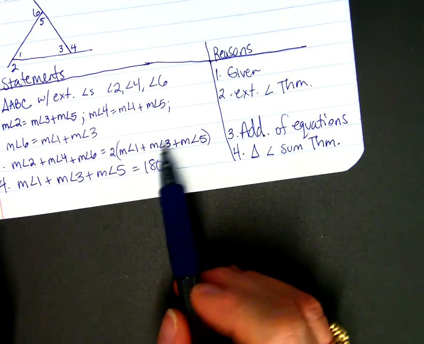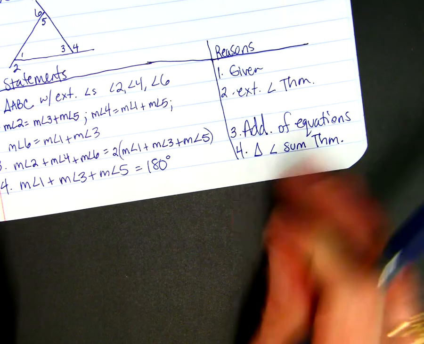Okay, I'm just going to turn the page here and finish out. So number 5, I am going to do substitution. The triangle angle sum theorem, so I'm going to put a 180 right in those parentheses.